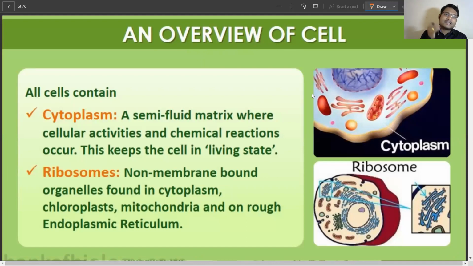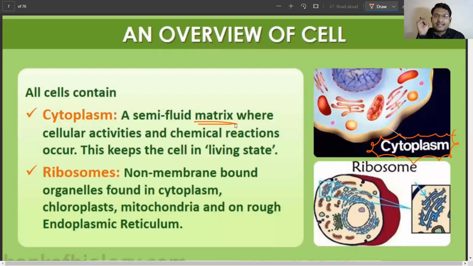Because every cell consists of certain components. One of them is the cytoplasm. Now, what is cytoplasm? It is a semi-fluid matrix, right? What is a matrix? As we talked about earlier, it is something that binds the cells. If you remember in the chapter on structural organization in animal tissue, we had talked about the matrix.